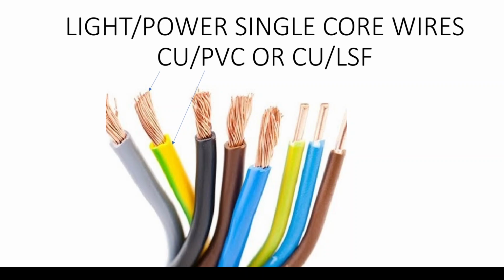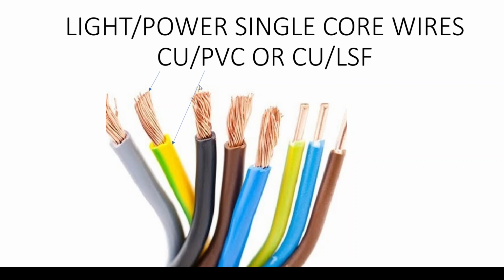As you can see here, Cu represents the copper part, which is usually stranded in the single core, or solid copper, but the most commonly used type is stranded. And PVC or LSF, low smoke and fumes, represents the insulation, the outer coating. So it's simply copper coated immediately with PVC coating or LSF.